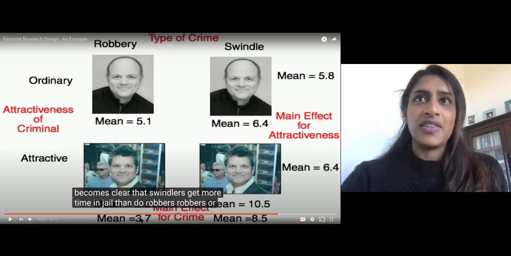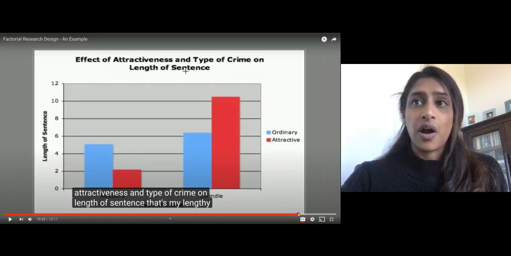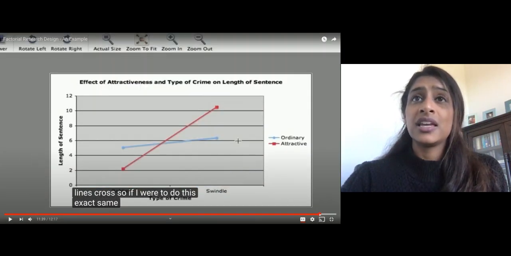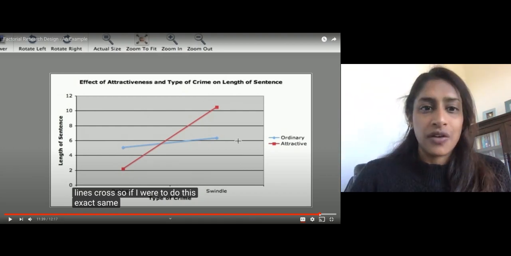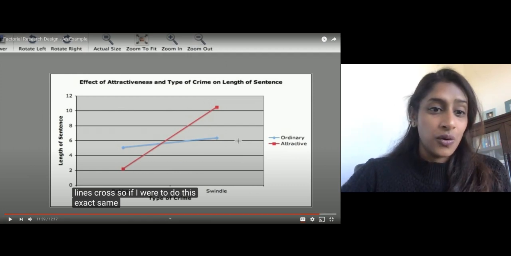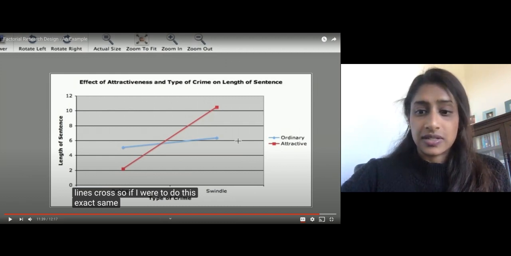But when we plot these numbers onto our bar graph and then try to connect those lines, now we can see that there's an interaction between our independent variables. So this is how we would take a look at our factorial designs, our complex experimental designs.